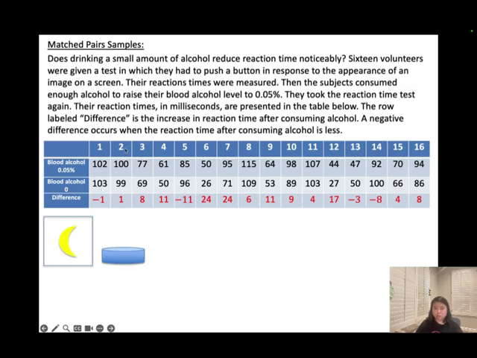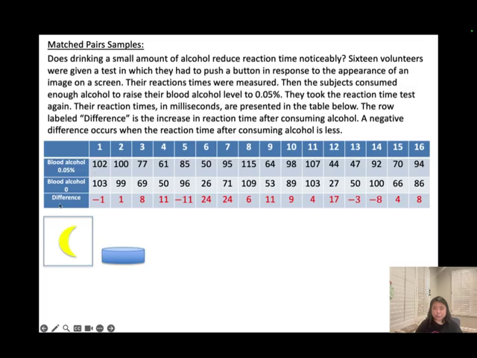Then person two, before the alcohol, is 100 milliseconds. After the alcohol, he or she reacts faster, at 99 milliseconds. This is called a paired sample because both the before and after data come from the same person.